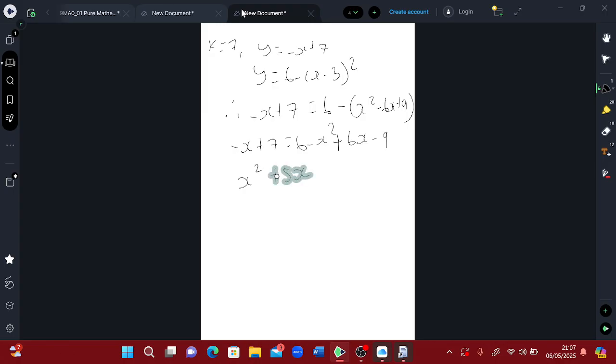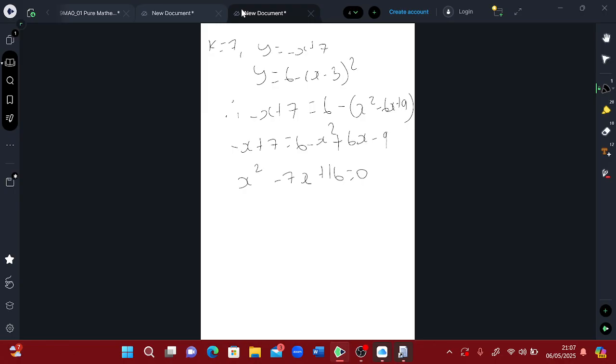Okay, hang on, I need to check here. This is wrong. x squared minus 6 minus 7x plus 16 equals 0. Solve this. Hopefully one of the x values should be 5. Use the calculator. Oh, we've got imaginary.